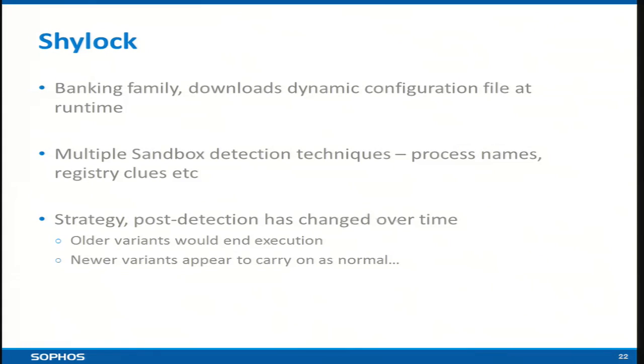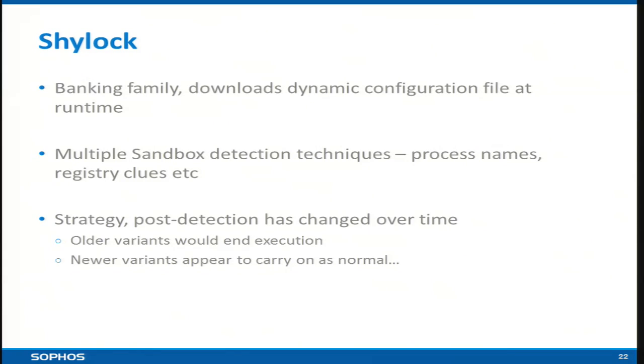So the fourth example family is Shylock. This is a banking malware family that's recently had some law enforcement action against them. They took down large parts of their network infrastructure, which hopefully means we won't see too much of Shylock in the future. But the techniques they use are definitely worth looking at because they could very easily be employed by different malware families, in particular other banking malware families that follow a similar model to the way Shylock works.